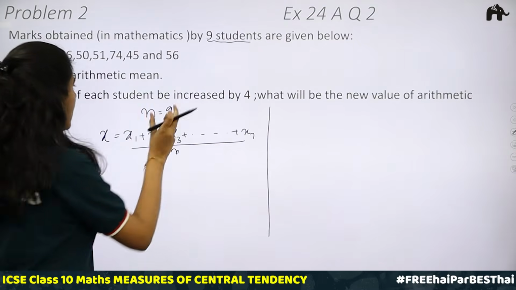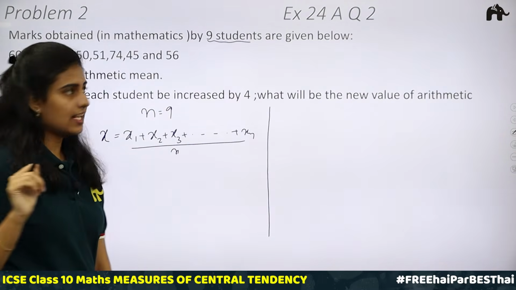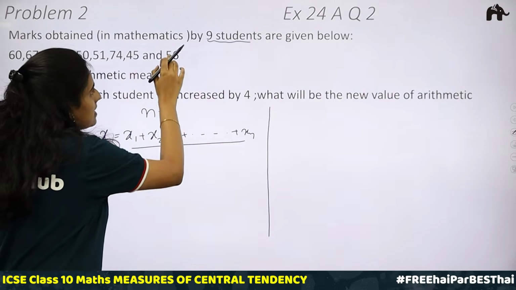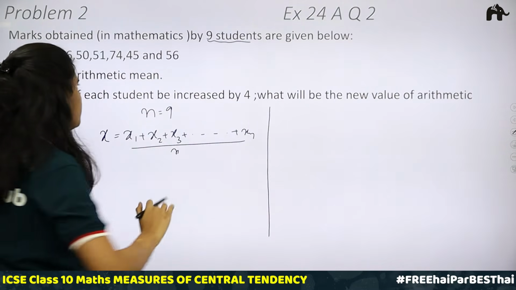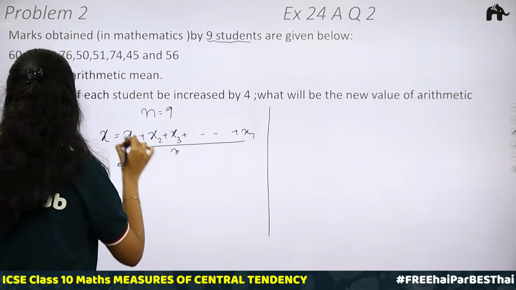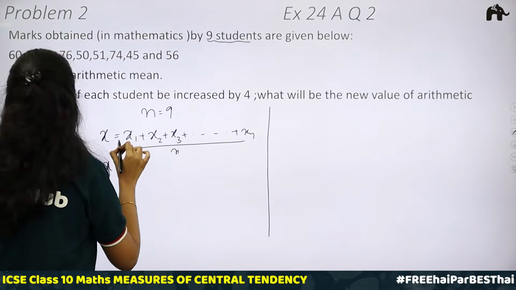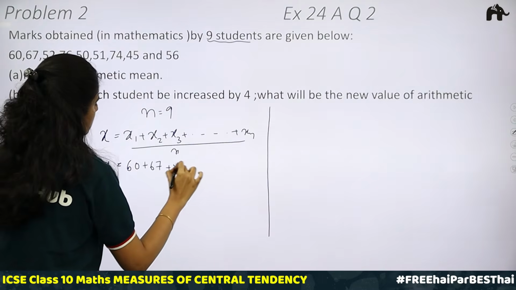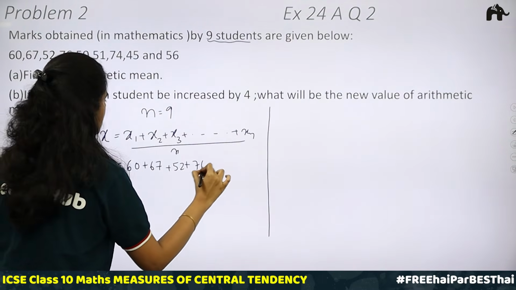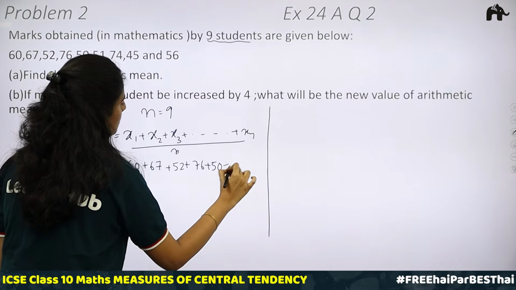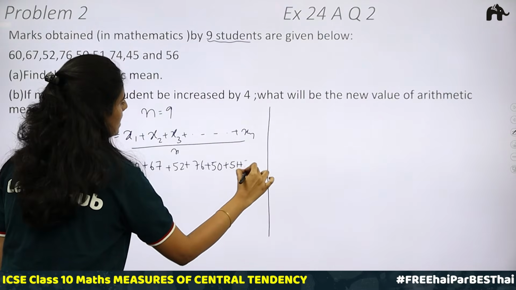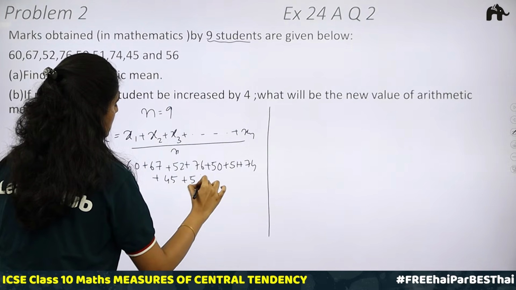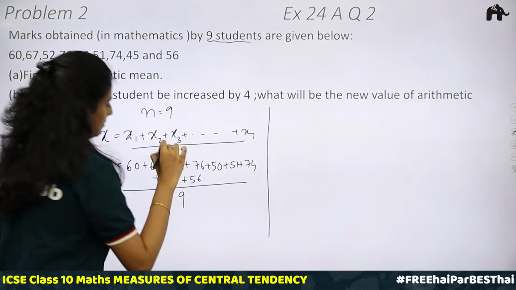Okay, here we have value up to x9. x1 is 60, x2 is 67 and x9 will be equal to 56. Okay. So putting the values, x is equal to 60 plus 67 plus 52 plus 76 plus 50 plus 51 plus 74 plus 45 plus 56 whole divided by 9.